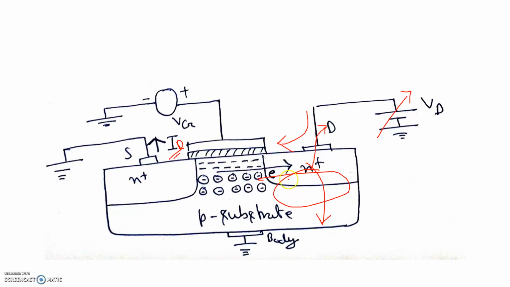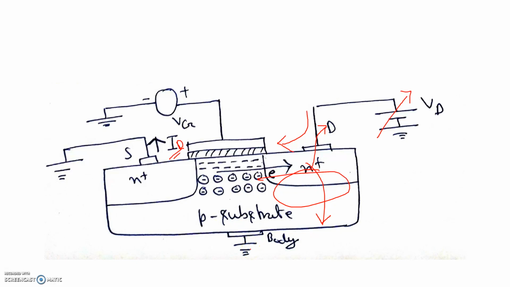Up to now, whatever we have considered, we are considering only current with respect to the source, but now there is body current also, because the newly generated holes due to avalanche breakdown will come to the body due to the repulsive force between positively charged holes and the positive potential applied at the drain, so they will flow through the body terminal. So now in this case we will get a big amount of what? Body current also.